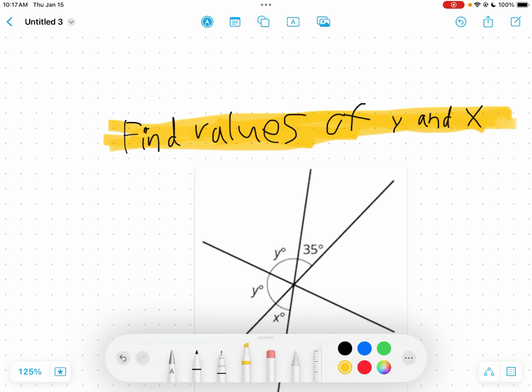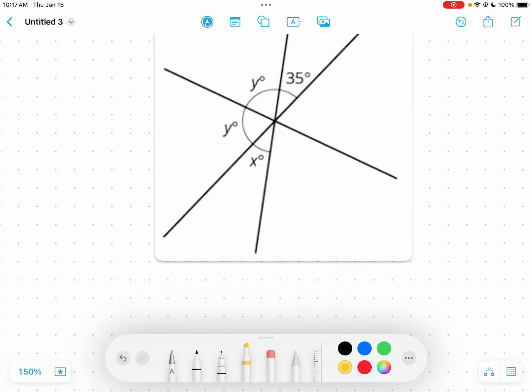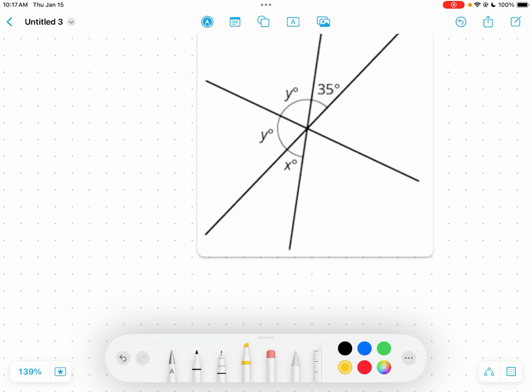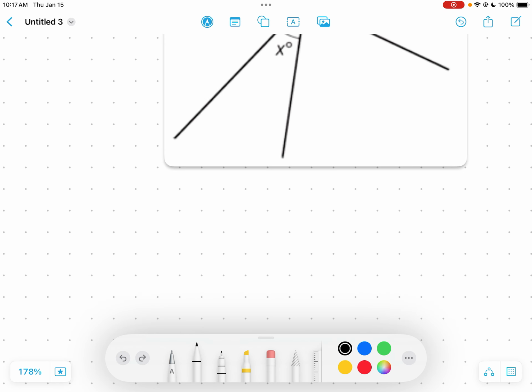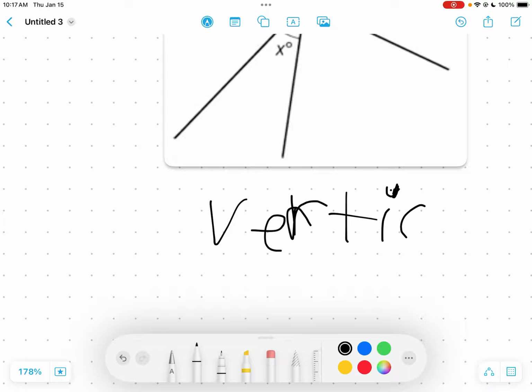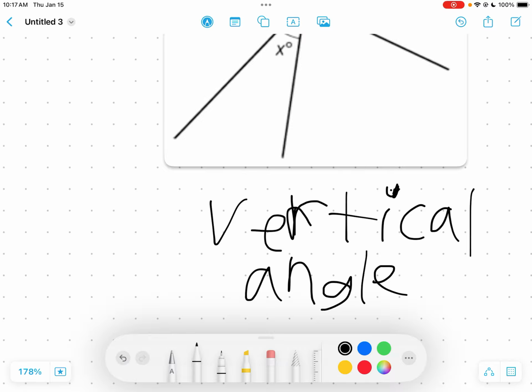Now the next thing we need to do is find what type of angles are involved in this equation. The first angle we can see here is a vertical angle, which for color coding purposes, we highlight in purple.